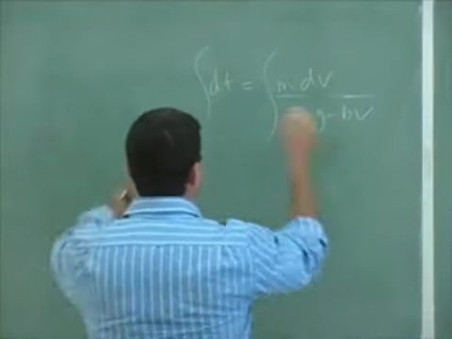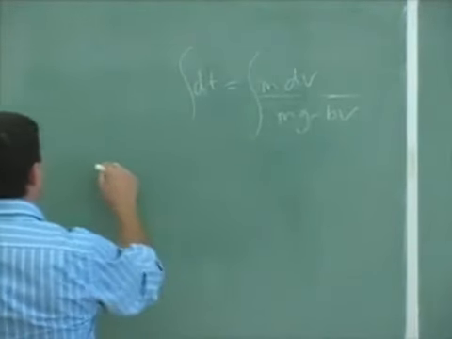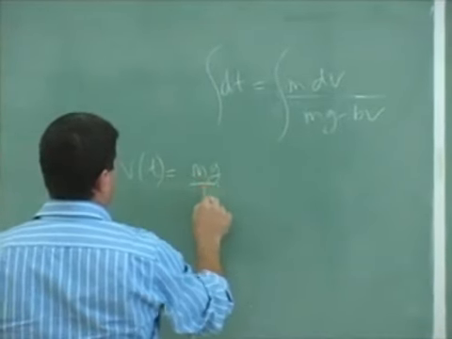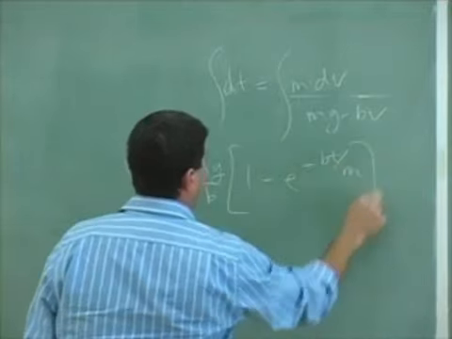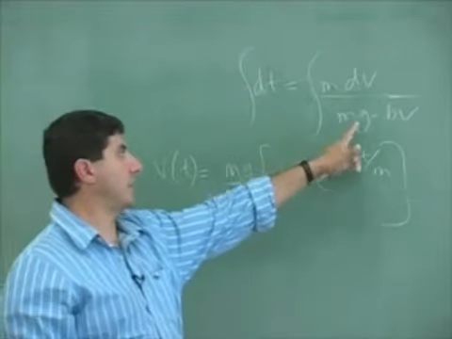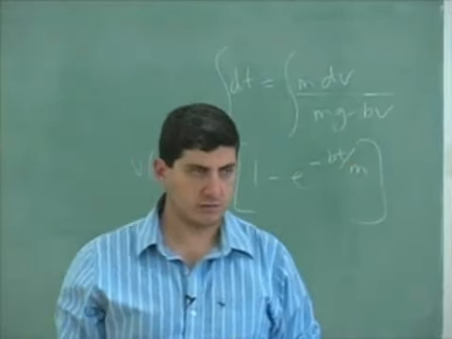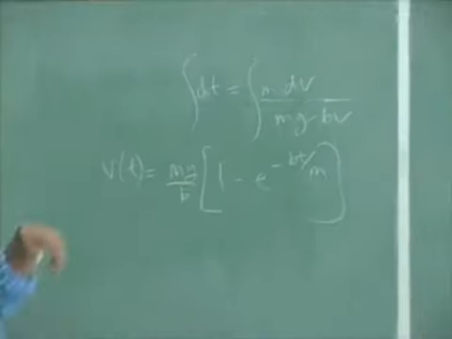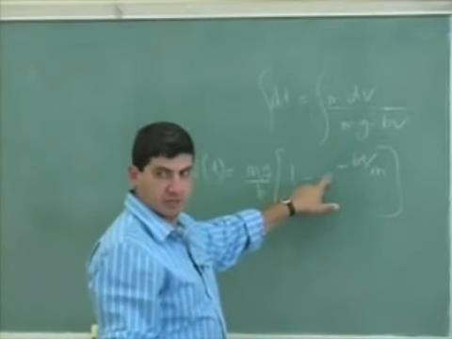So the final answer, when you're all done with this, this is what the answer comes out to be. Because when you integrate the mg minus bv, you get an ln, natural log, right? And then when you raise both sides to the power e, that's where the e comes from, right here, exponential function.